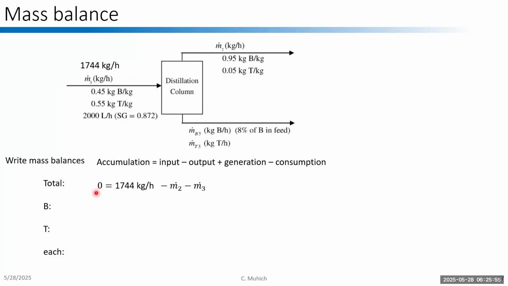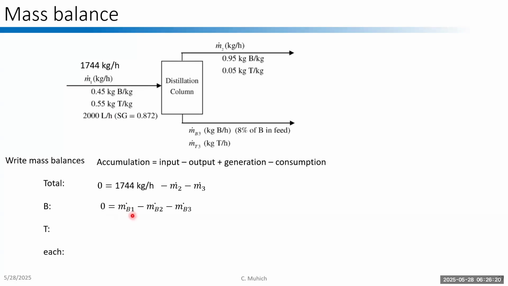Now, because there's no generation or consumption, there's no reaction, I can do an individual mass balance on the butane and the toluene, right? B and T. So how much butane is accumulating? Well, it's 0. How much butane is entering? It's MB1.